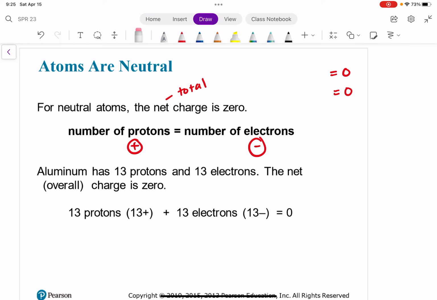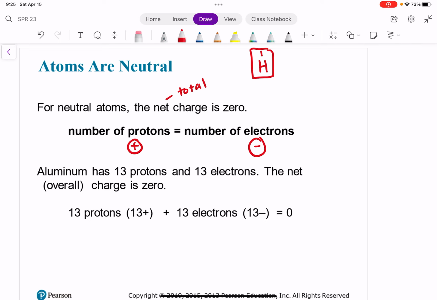So for a hydrogen atom, for example, hydrogen, which has 1 proton, its atomic number is 1, right? That hydrogen has 1 proton. So because atoms are neutral, how many electrons does that hydrogen have to have? Yeah, it has to have 1 electron to balance out that 1 proton, right?